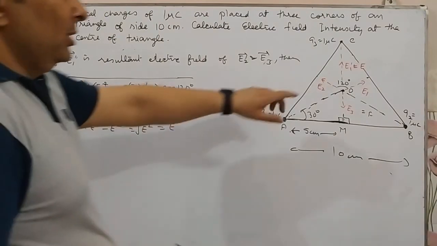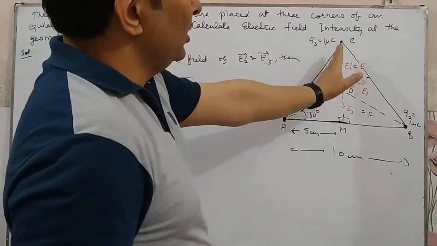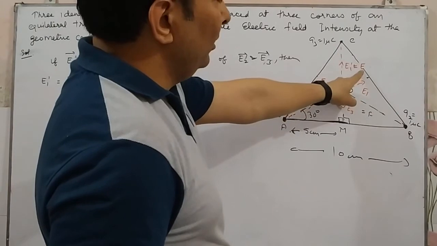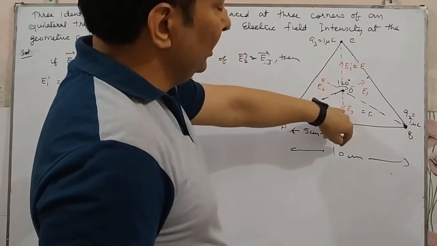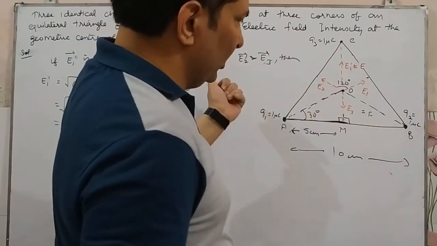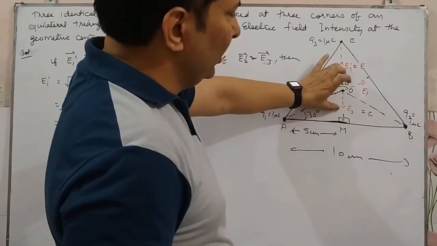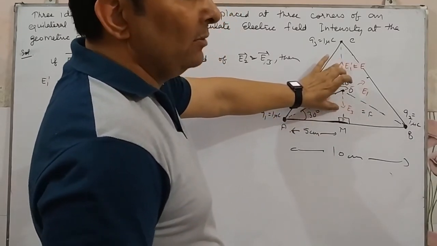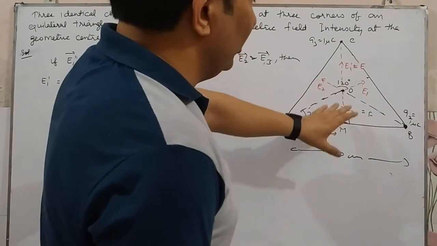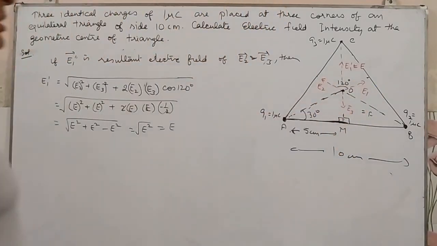Now you can see at this point the upward electric field is E, the downward electric field is E3, whose value is again E, as we discussed earlier. That means these two electric field intensities are equal as well as opposite, and hence they will cancel out each other. So resultant electric field intensity at point O will be 0.